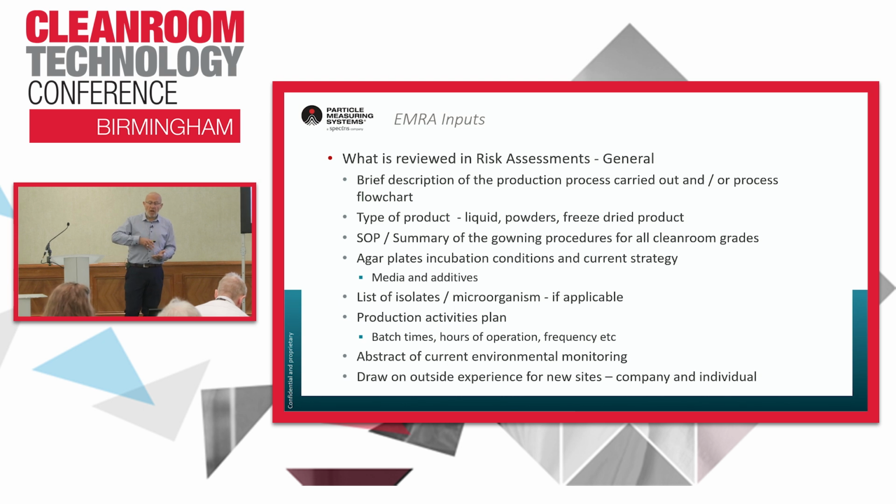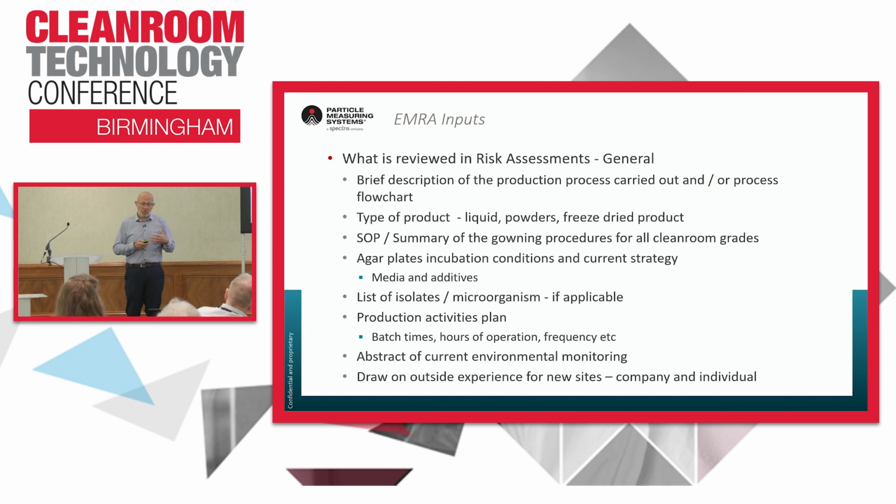And then we look at the production. Again, some of these are continuous processes. Some are a Monday to Friday, 9 to 5 process. Some it's just an hour or two for a batch. Some are lines, or an isolator or a safety cabinet that might be used for a week or two, different stages of the process. So getting an understanding of that so we can assess the risk throughout the whole process.